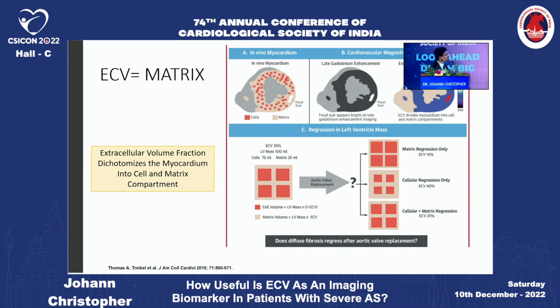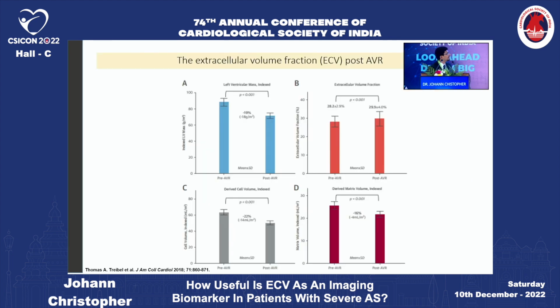And you can get both a cellular reduction and a matrix regression, and there the ECV will remain constant. So ECV is basically a measure of the matrix. And the advantage here is that by decreasing the pressure or by removing the pressure overload, you can have a reduction in this interstitial fibrosis.